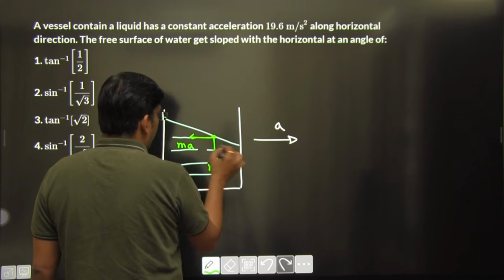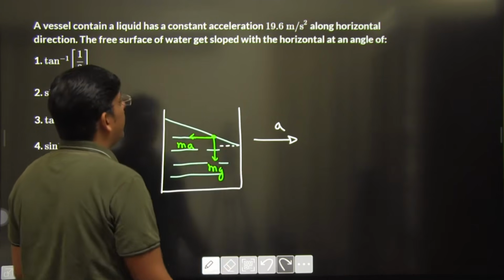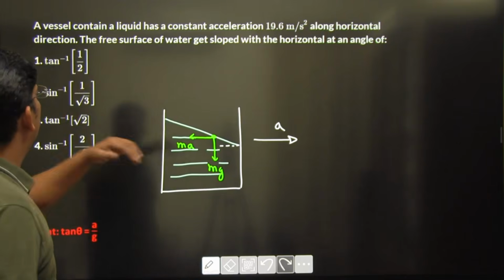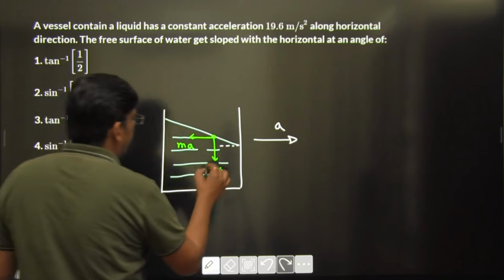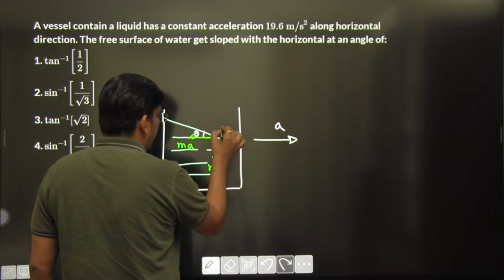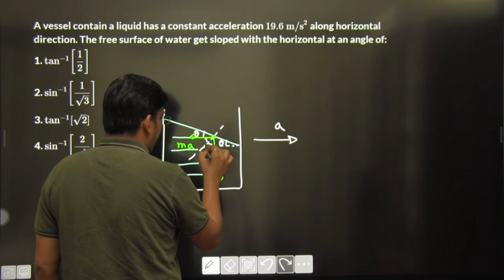Now what they are saying is that it is moving with 19.6 meter per second square acceleration along the horizontal direction. The free surface of water gets sloped with the horizontal at an angle of. So, dear students, we are asked for this angle theta, this is also theta. If this is the perpendicular, this is 90 minus theta, this is again theta.